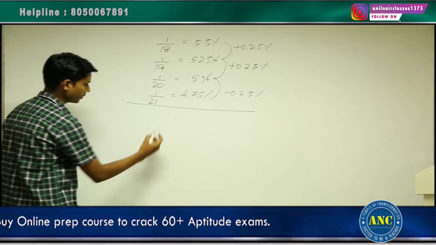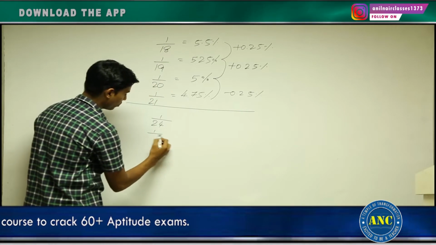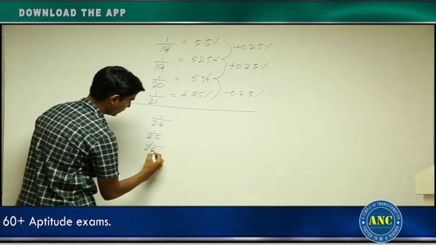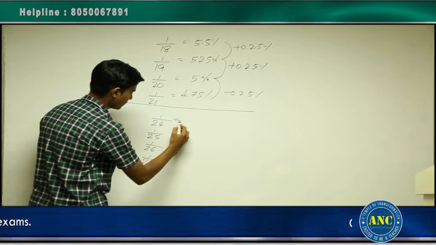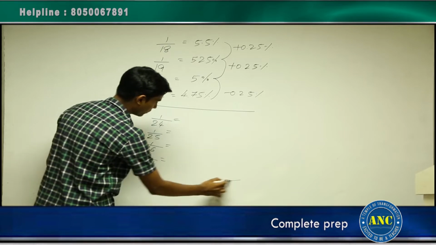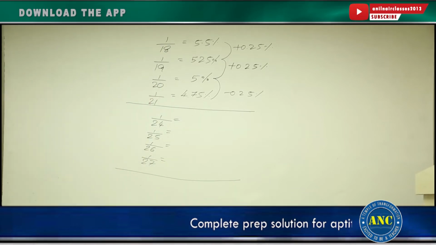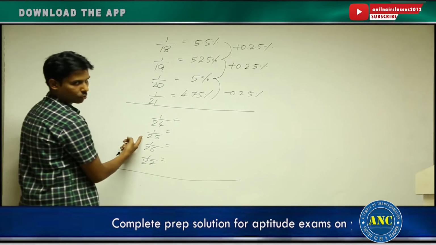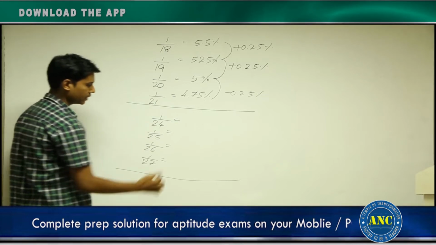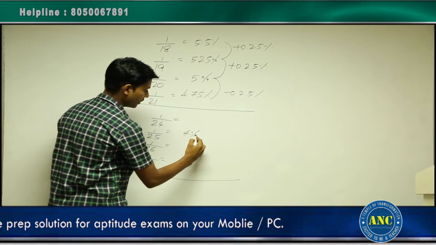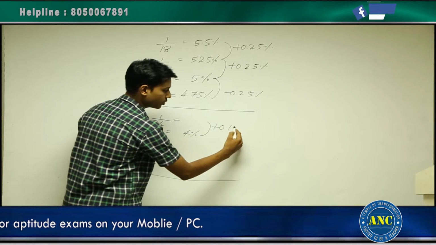Hold on. Suppose 1/24, 1/25, 1/26, 1/27. See here, which is easier to calculate? 1/25. 100/25 is 4%. The above one goes with a deviation of plus 0.15.